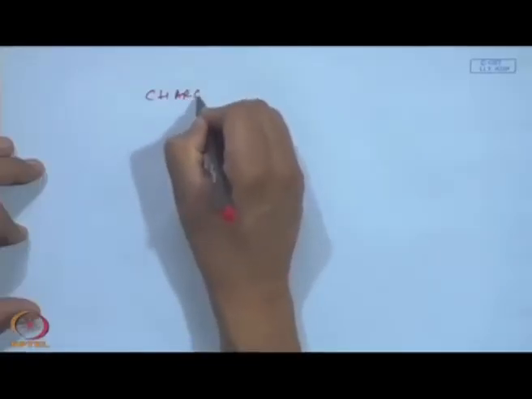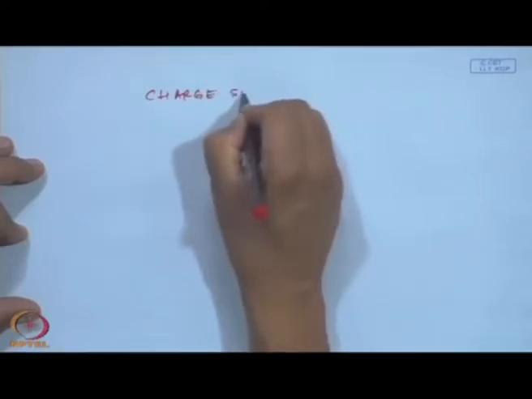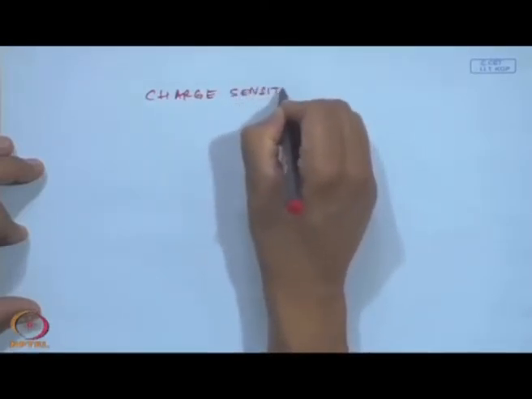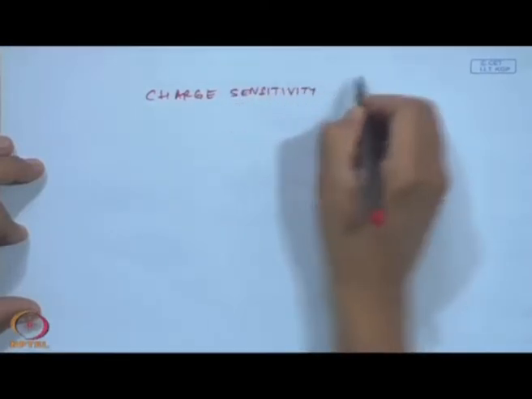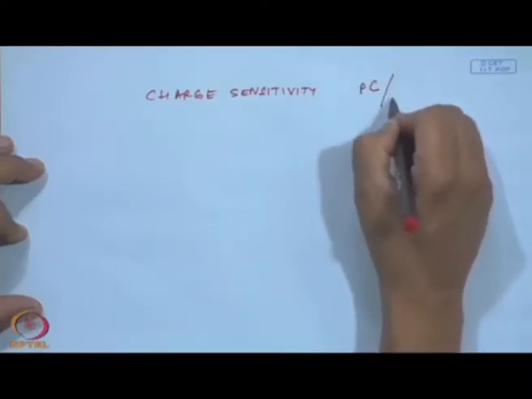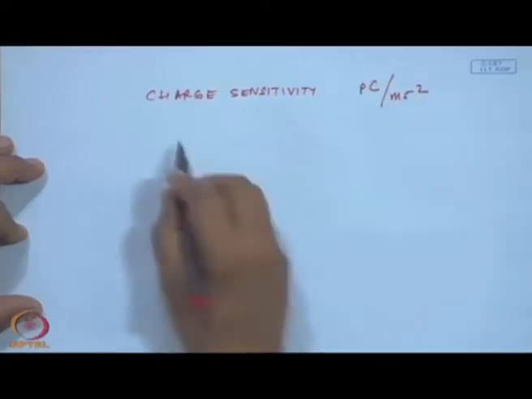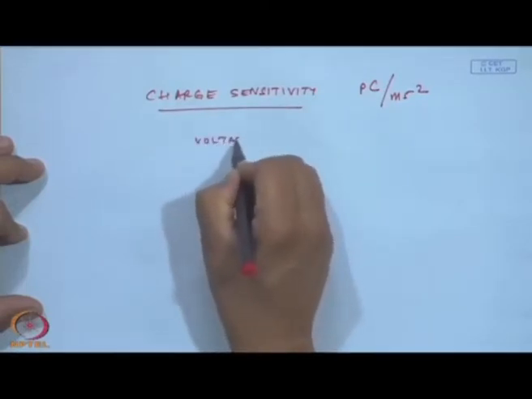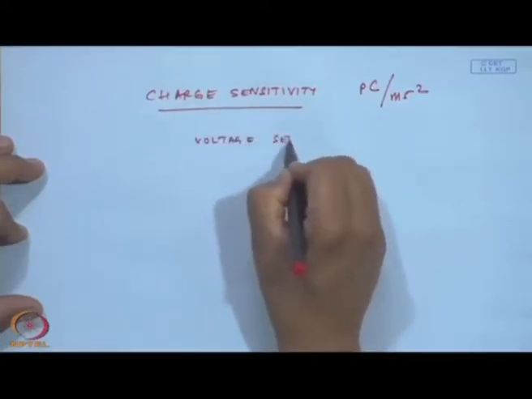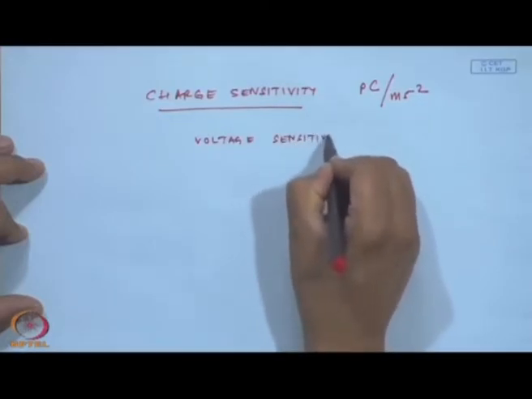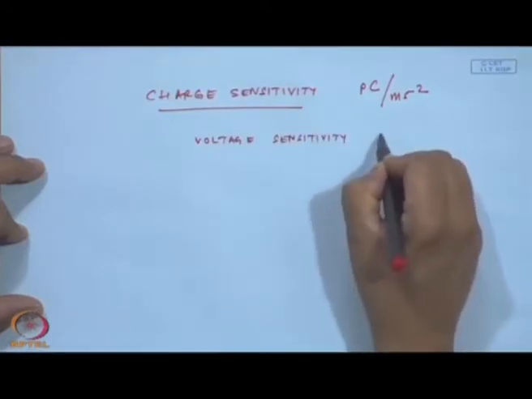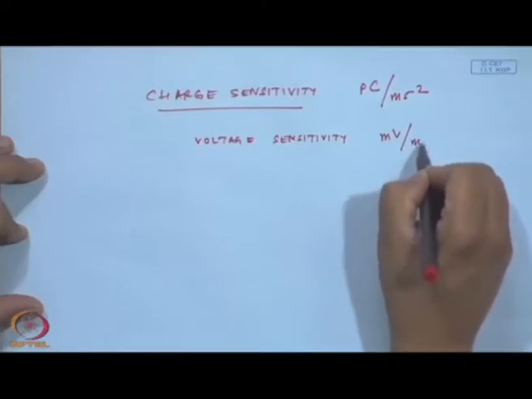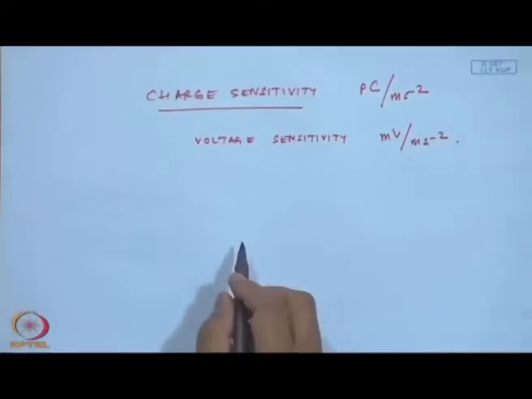So, the charge sensitivity is usually picocoulombs per meter per second square, or in the ICP type it will be the voltage sensitivity, millivolts per meter per second square.